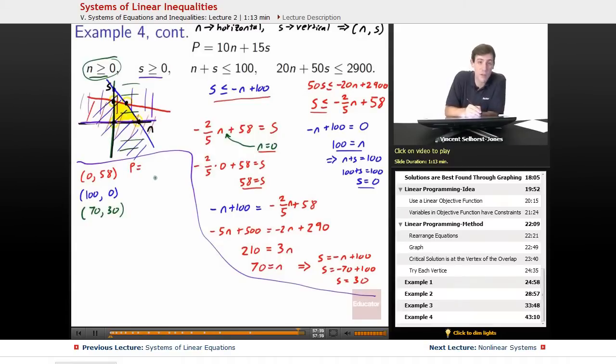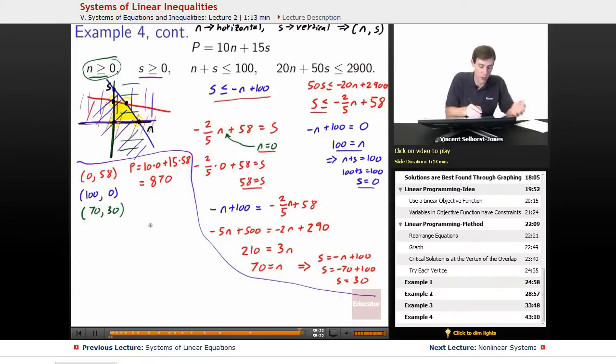If we sell nothing but superfines, we spend all of our money on superfines, then that's 10 times 0 plus 15 times 58, just so we keep up the same pattern. 15 times 58 becomes 870. So we would make a total of $870,000 at the lot if we bought nothing but superfines.